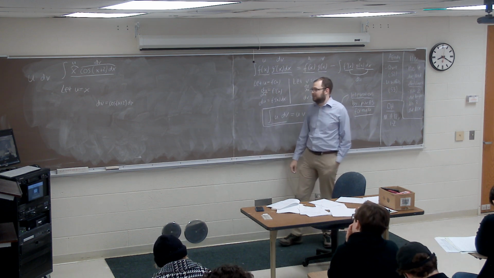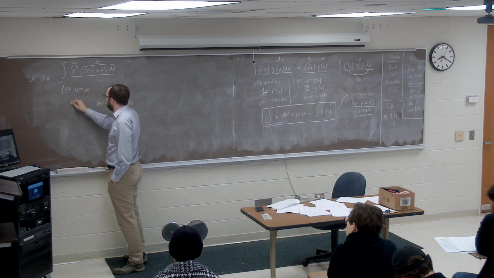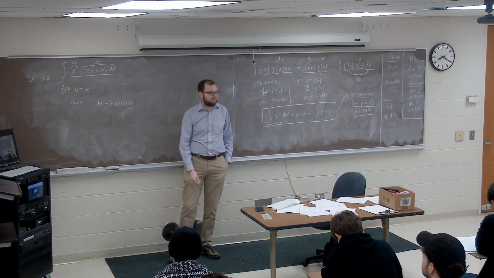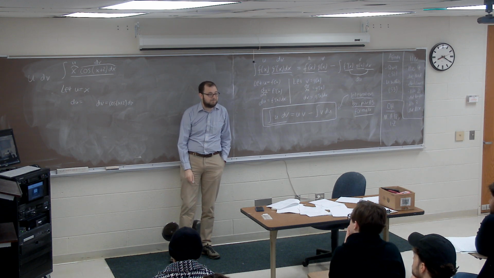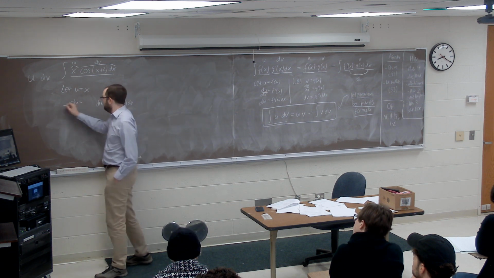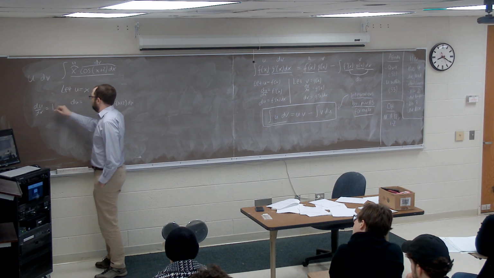So here's a question. If u is equal to x, what would that make our du equal to? James? dx. Yeah. We would get that du dx, the derivative of u with respect to x, is just going to be 1.